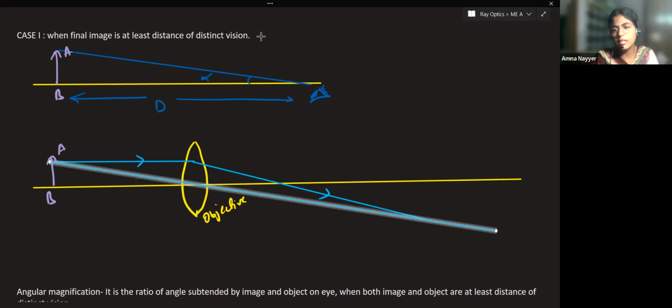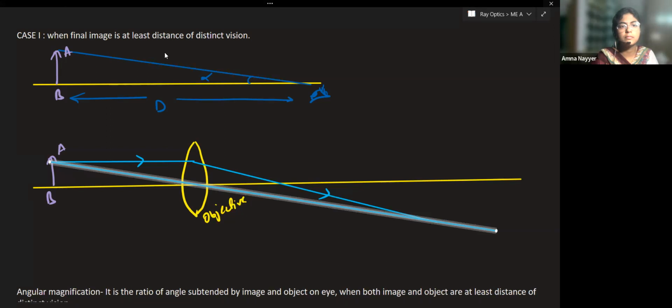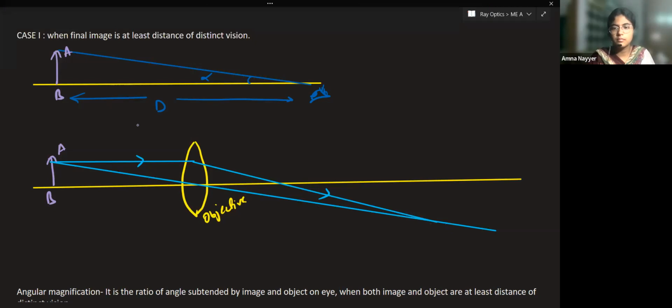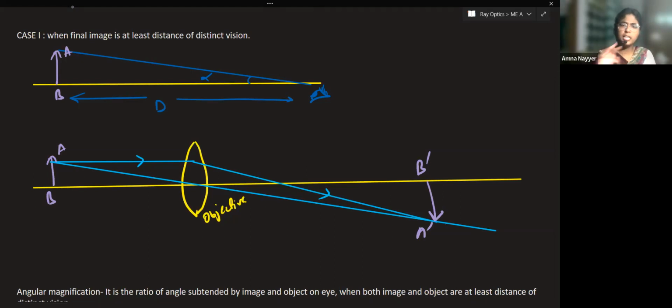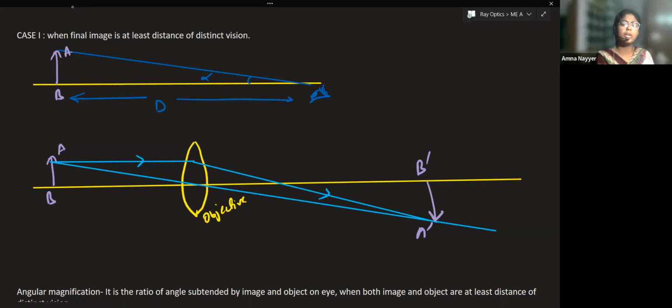So at this point, it is appearing to meet. So this point becomes A dash, B dash, right? Now see, was there any difference still here? Any new concept here? No. One lens is there, an object is kept in front of you, and an image has been formed, right?